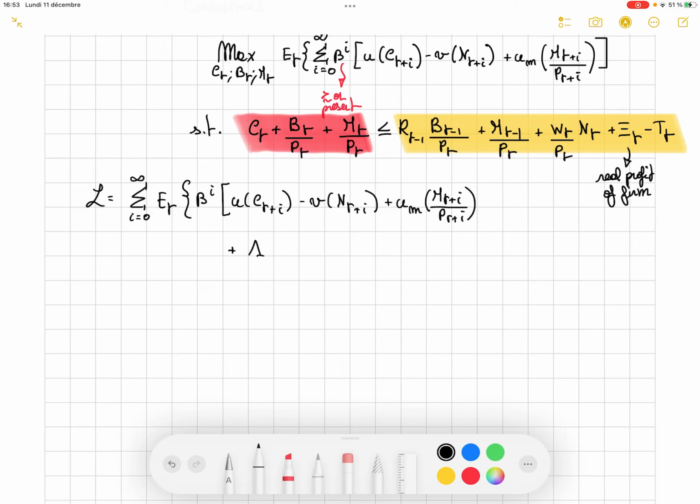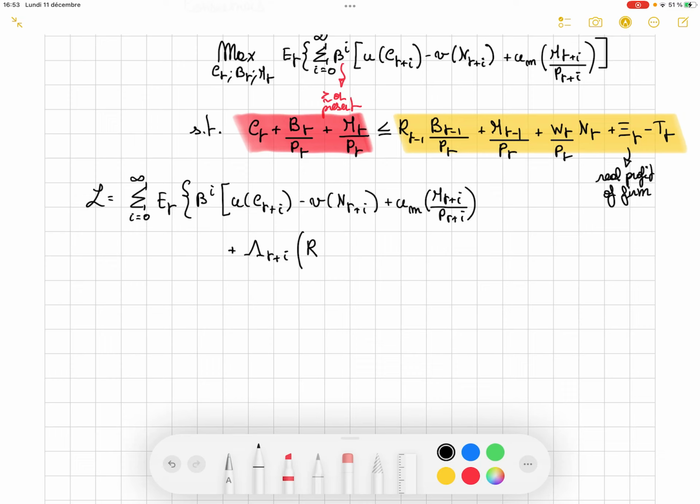And now we add, using the Lagrangian parameter that will be the shadow price, lambda t plus i, multiplied by the constraint. Note that the constraint is also multiplied by our beta parameter here, right? Because the discounting does not only apply, of course, to the utility, but also to the constraint across time, right?